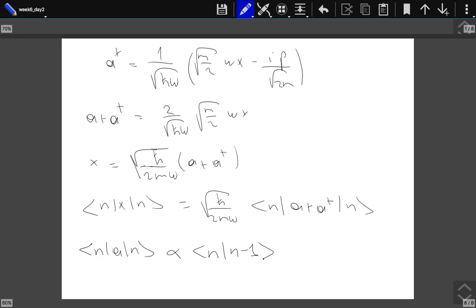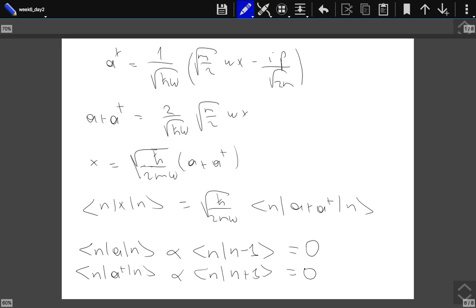But the ket n and the ket n minus 1 have different energy eigenvalues. We know that they correspond to different eigenvectors of the Hermitian operator, so they have to be orthogonal to each other. If you do the same thing for a dagger, this is proportional to n plus 1.